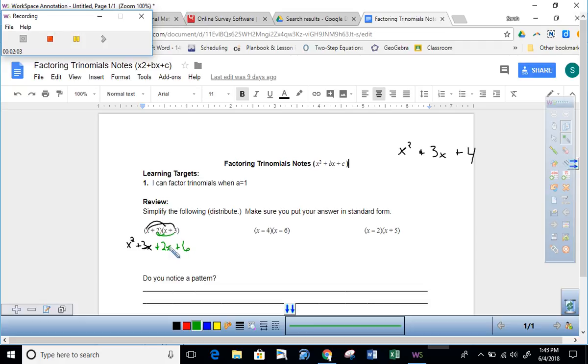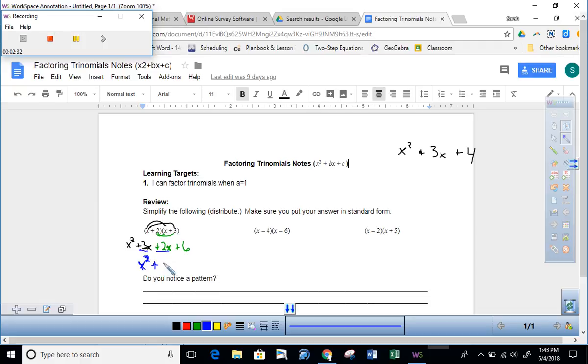That was supposed to be an x. I'm sorry. Alright, so I'm going to combine like terms here, and I'm going to come up with a simplified polynomial in standard form. So x squared would come first, because the degree is larger there. I'm going to put the 3x and the 2x together for a total of 5x.